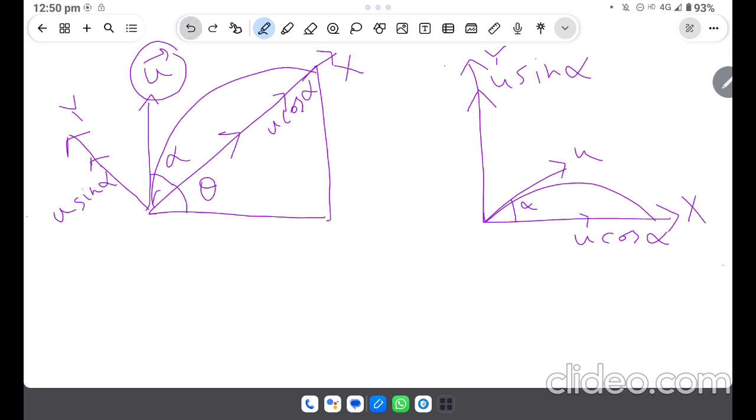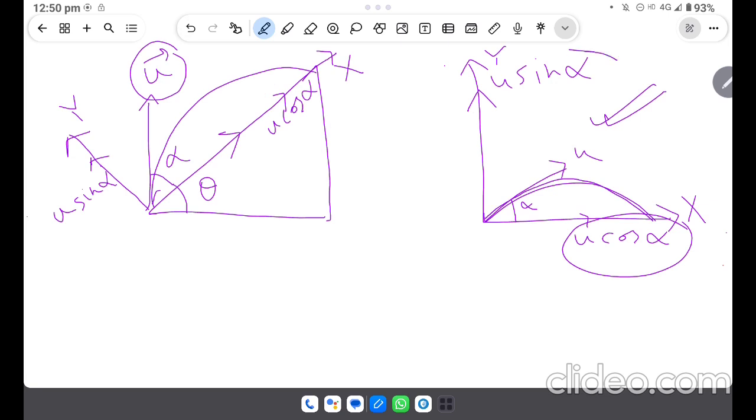Now the most interesting part comes. What is that? In the angular projectile motion, just like the normal one, if you remember clearly, the u cos alpha term, that is the x component of the initial velocity, remained constant throughout the motion as long as the stone or the projectile remains in flight, right?